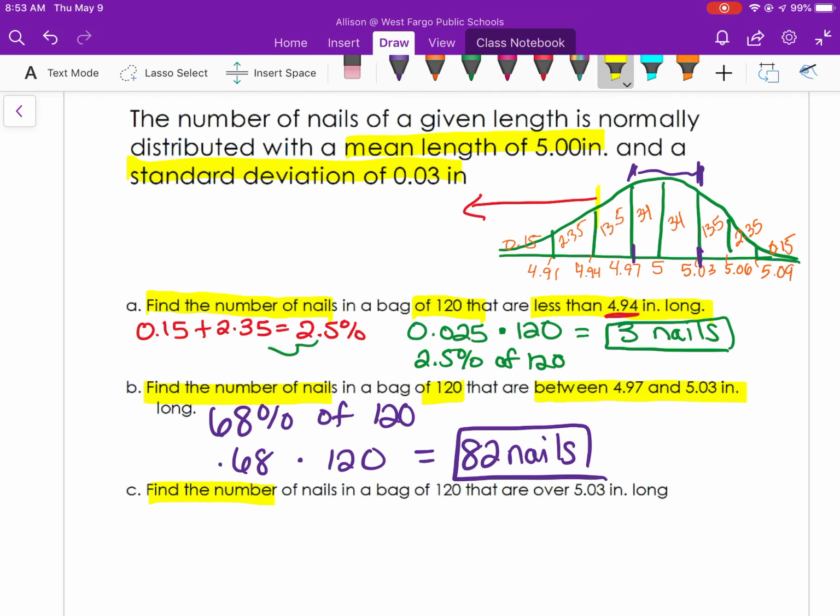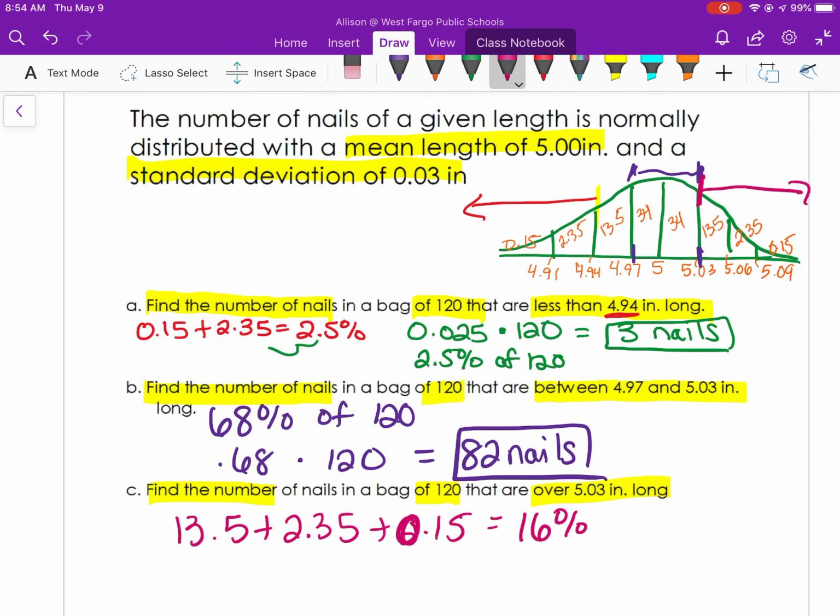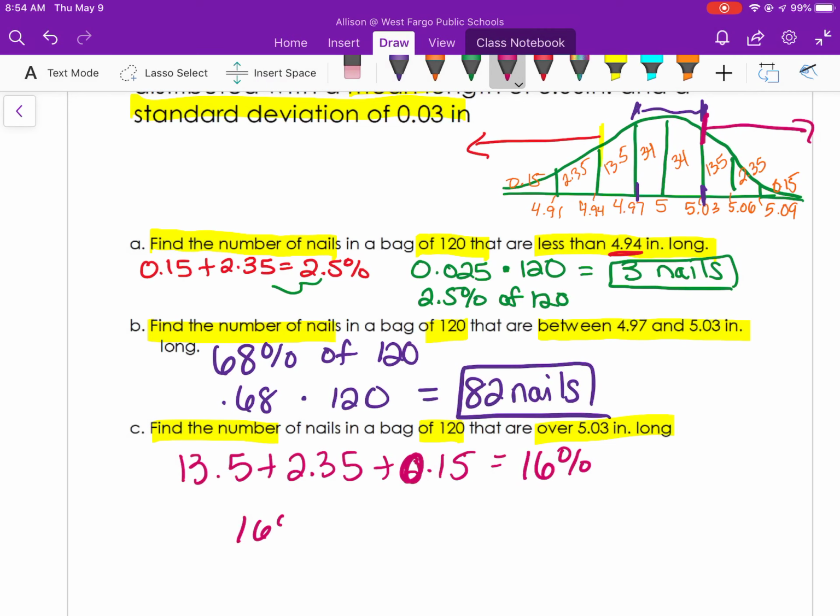Now finding the number of nails in 120 that are over 5.03 inches. So same thing, but this time I want over 5.03 inches. So that's right here. And so I want these last 3 areas under the curve. So adding up 13.5 plus 2.35 plus 0.15 would give me 16%. So then taking 16% of 120, I would take 0.16 times 120.